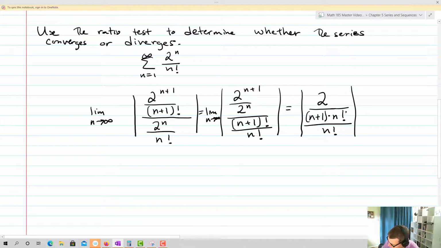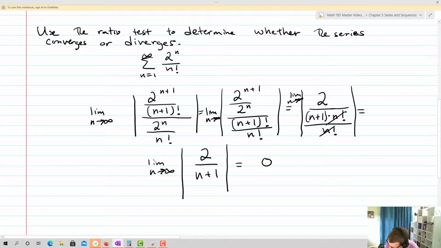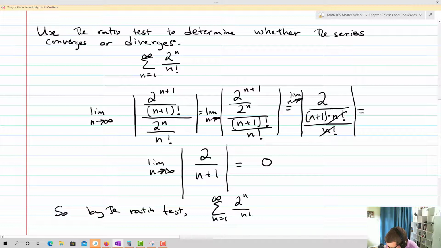So we cancel out the n factorials. This is then the limit as n goes to infinity of 2 over n plus 1, which equals 0. So by the ratio test, the sum from n equals 1 to infinity of 2 to the n over n factorial is absolutely convergent.